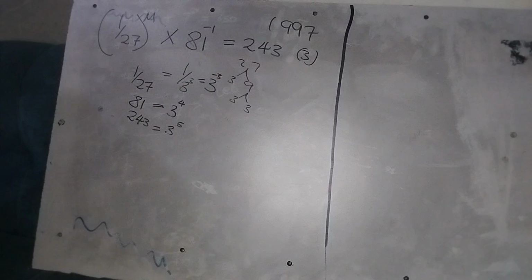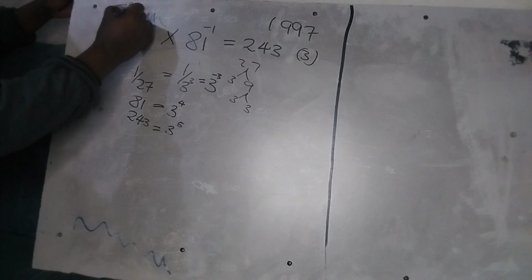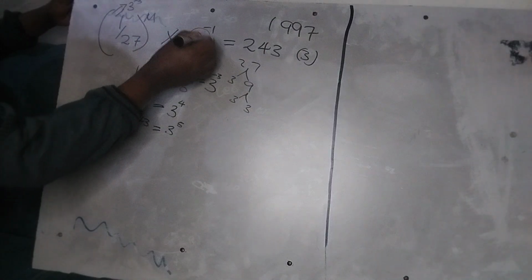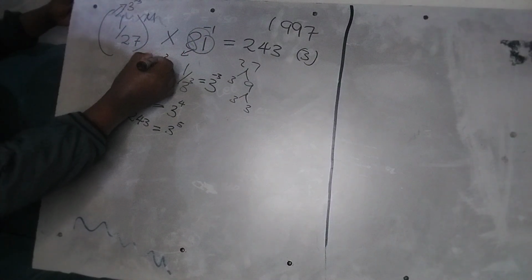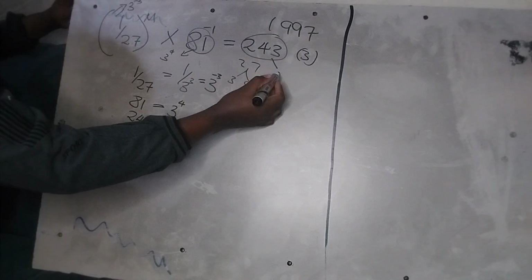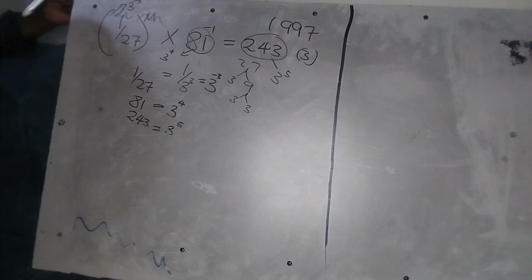So I want us to do a replacement. Wherever we have 1/27, we replace it with 3 to power -3. Wherever we have an 81, we replace it with 3 to power 4. And wherever we have a 243, we replace it with 3 to power 5. Let us see.